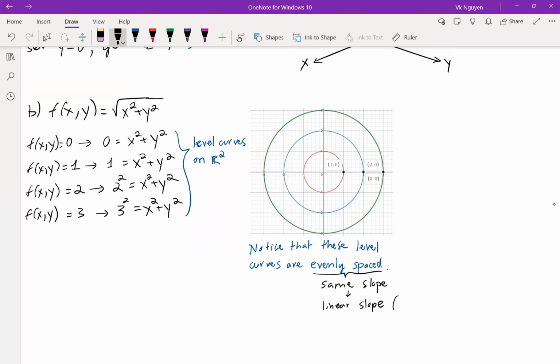Linear slope is just a straight line. Okay. With this one, we can sketch out, my God, I have to use the same color here for you guys to see.